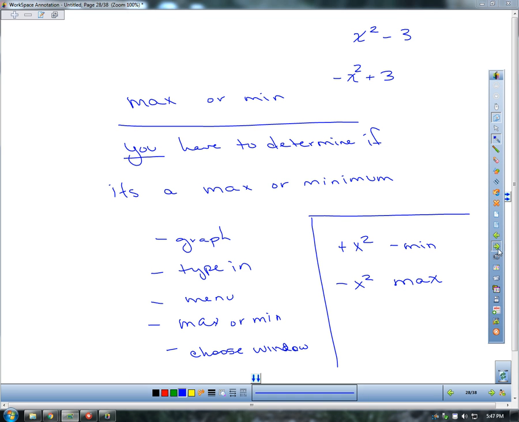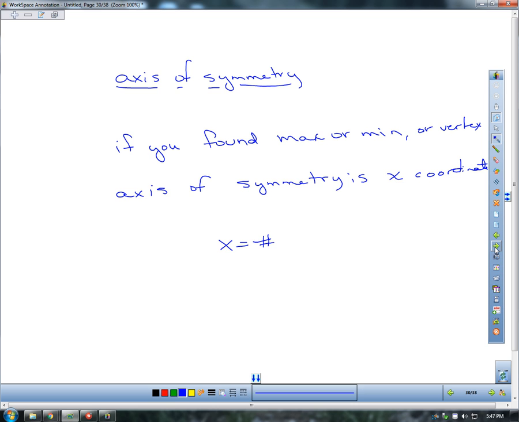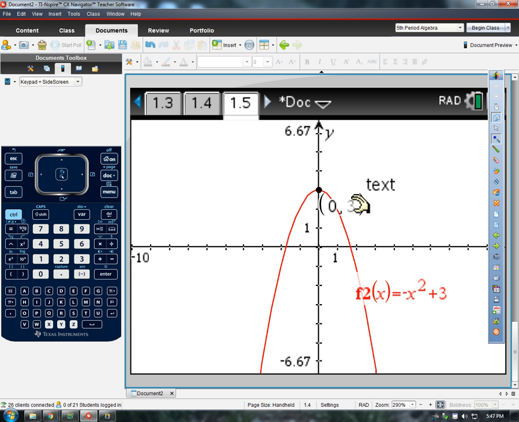Now, the good news is, the vertex is the maximum or the minimum. So once you know the maximum or minimum, that's actually your vertex. Okay? And the axis of symmetry, if you found the maximum or minimum, the vertex's x-coordinate gives it. So, I'm using this example right here. My vertex of this one would be 0, 3, the point.